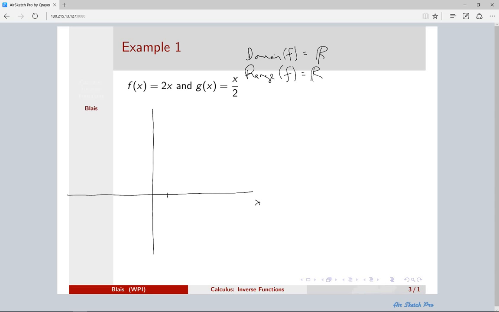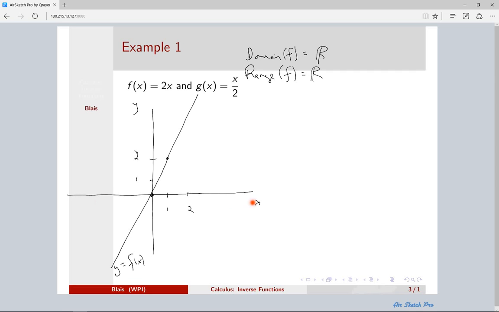So we have y equals 2x. So it goes through the origin, rise 2, run 1. So this is our f of x.